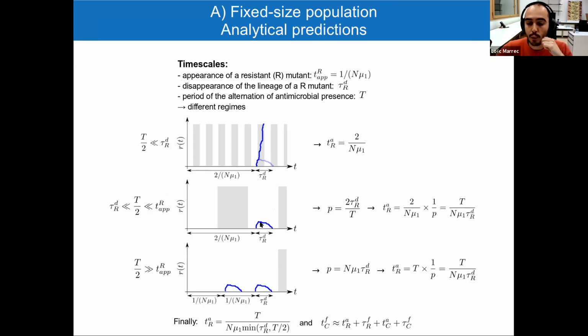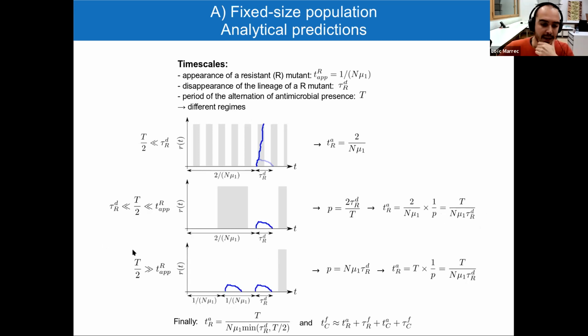Okay, and here again, we just need to know when such a mutant will appear before an addition of drugs. So here again, we can compute the probability that a mutant appears just before an addition of drugs, and using this probability, we can get the average time of appearance of a mutant that fixes in the population.